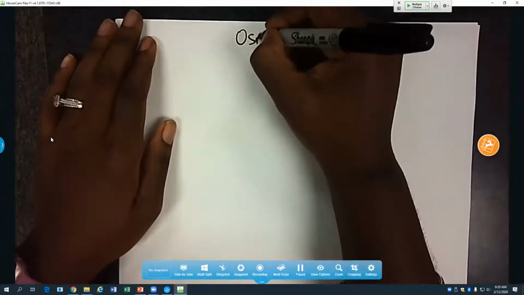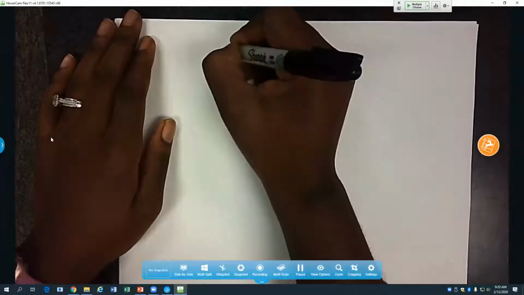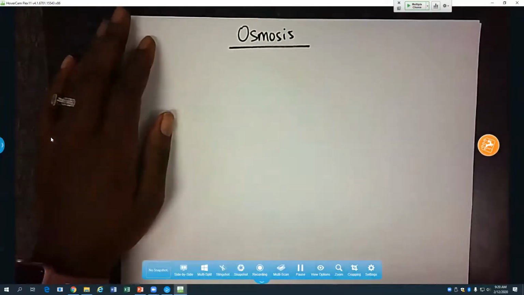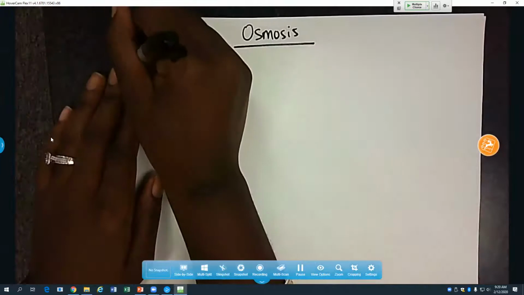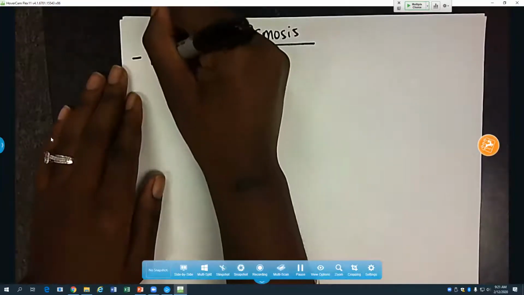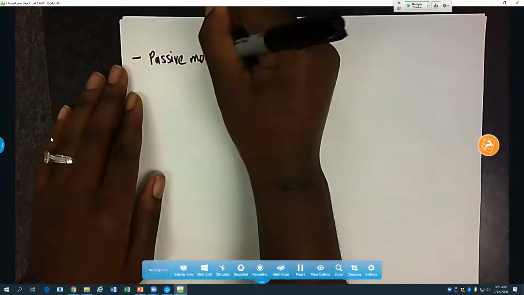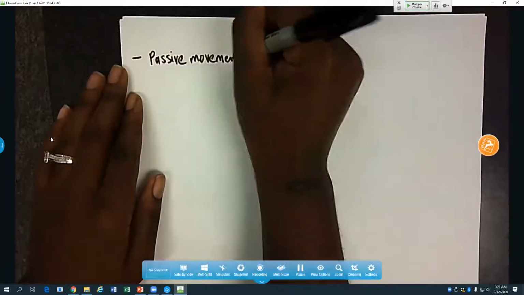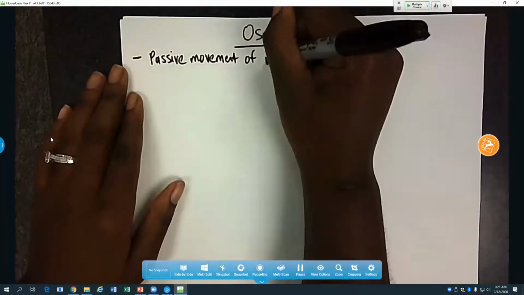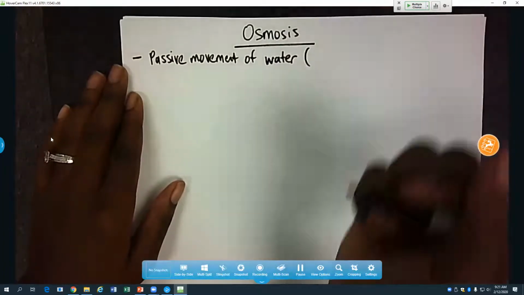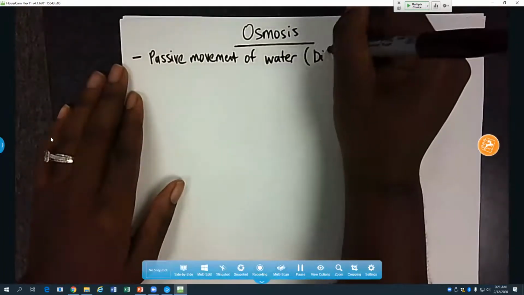So let's start out by summarizing and illustrating this a little bit. Speaking about osmosis, we defined osmosis as the passive movement of water. You can then refer to it as the diffusion of water.